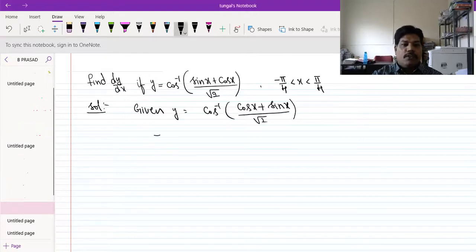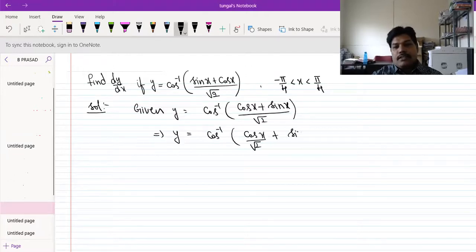So next what I will do here, y is equal to cos inverse of 1 by root 2 into cos x. Otherwise, I will take one more step here. That is cos x by root 2 plus sin x by root 2.